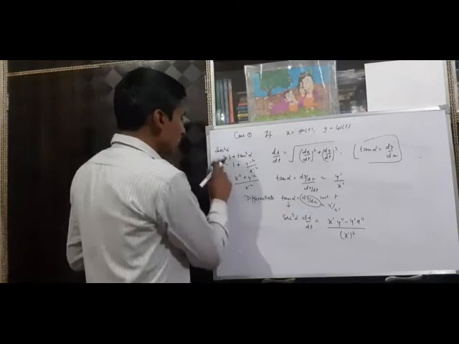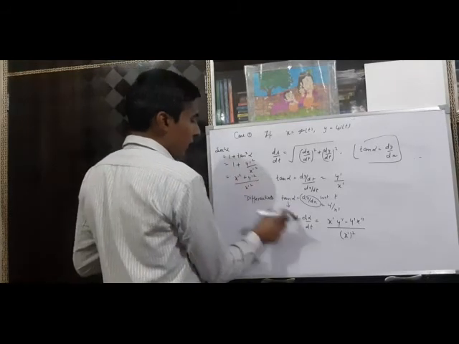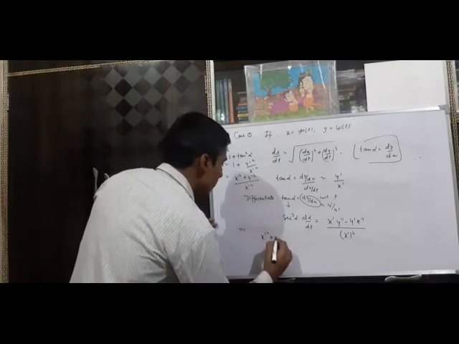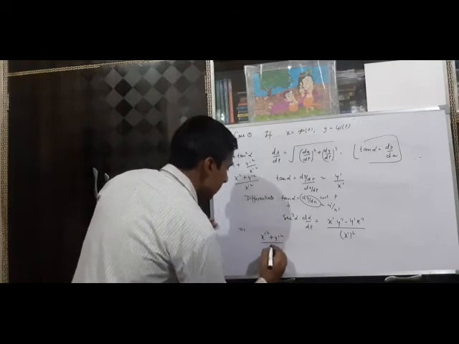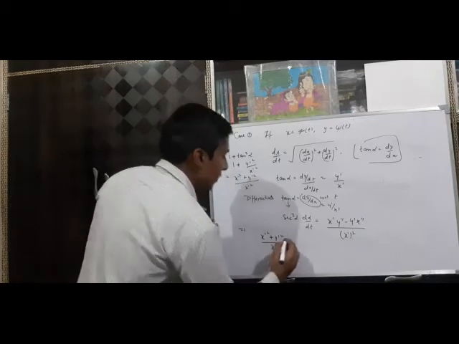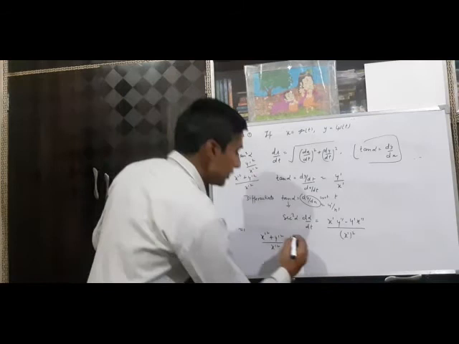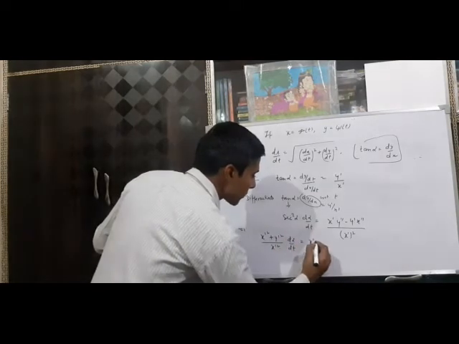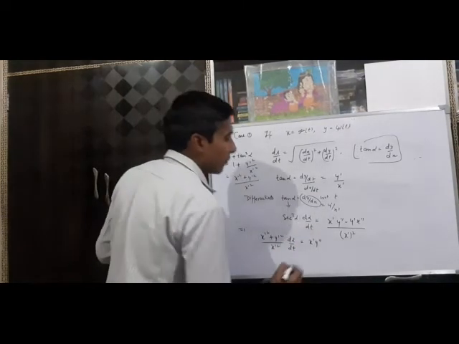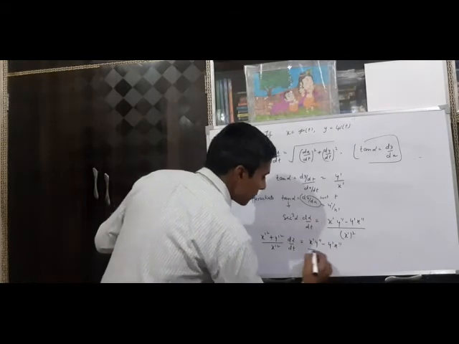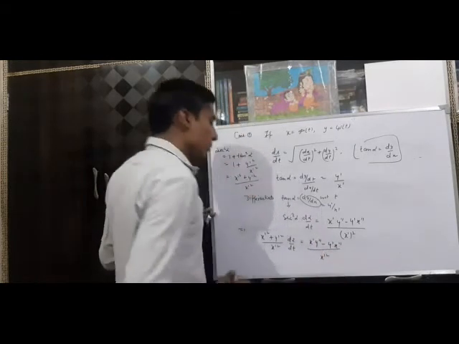Now using this value of sec square alpha here, we can rewrite it as x prime square plus y prime square upon x prime square times d alpha by dt, and this is equal to x prime y double prime minus y prime x double prime upon x prime square.